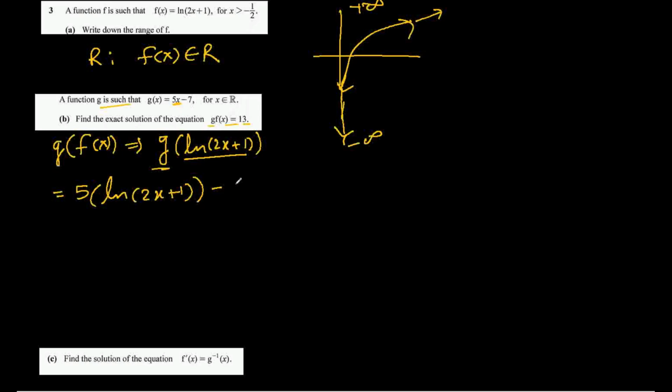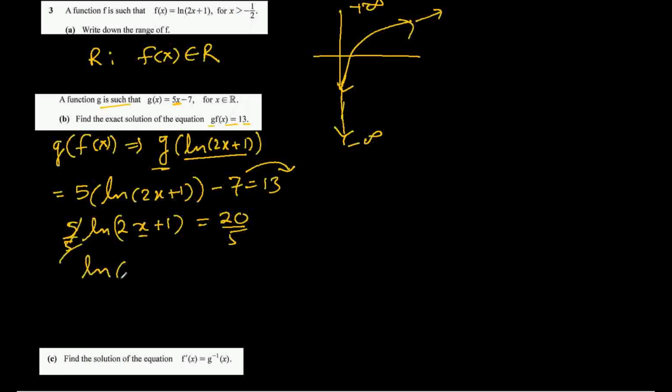minus 7 equal to 13. So 5 ln(2x plus 1) equal to 13, and this 7 goes there, becomes positive. 13 plus 7, 20. Divide both sides by 5. Our focus is to find the x. So 5 and 5 cancel here. ln(2x plus 1) equal to 4.